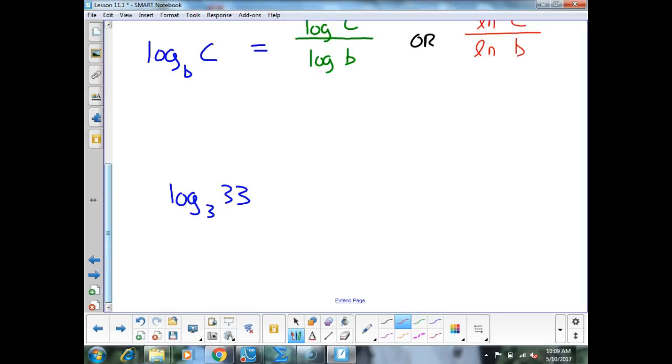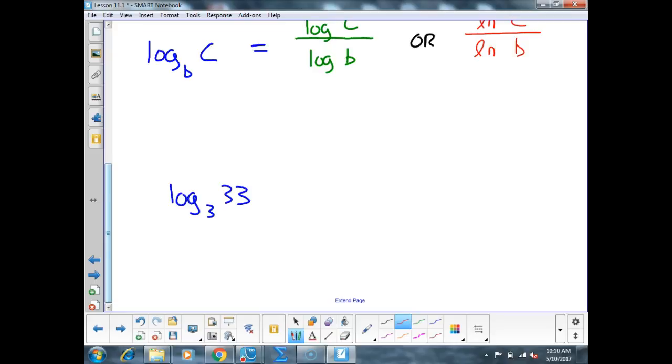Okay? Now, how your calculator works is going to determine how you type it in. If you can see what you're typing in, if you can't see what you're typing in. If when you type in log, it opens up a set of parentheses. Or if you type in log, it doesn't open up a set of parentheses. All of that matters. Okay?